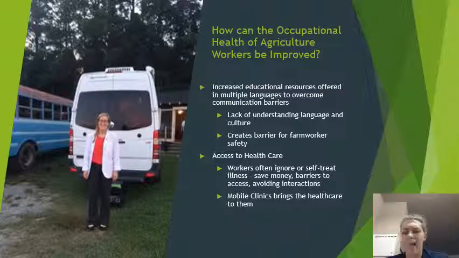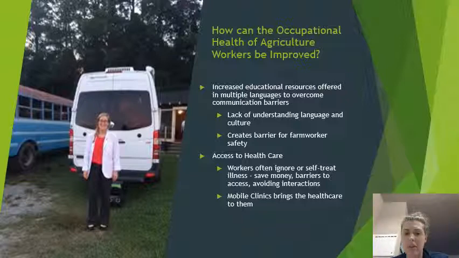This really helps with not only saving money because it's typically free services, but also decreasing the barriers with access. And because the healthcare workers are coming to the farm worker, there's a lot less fear of discrimination.